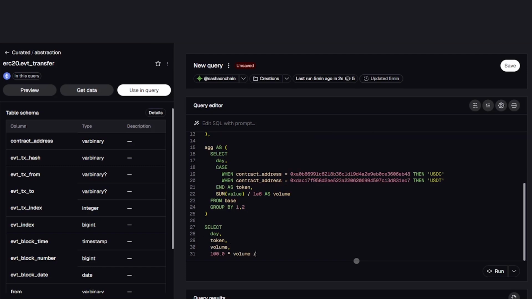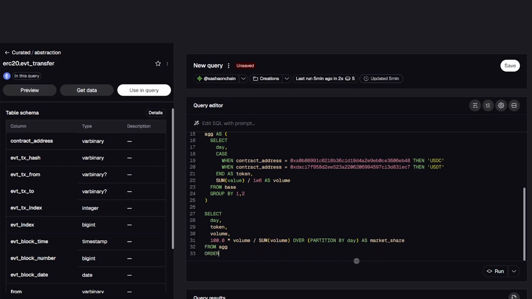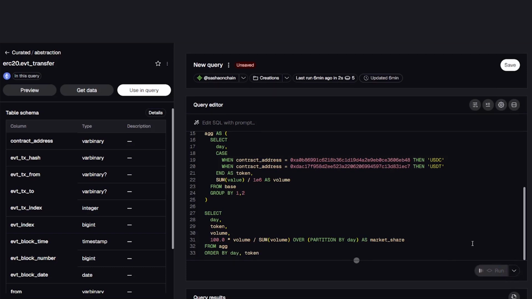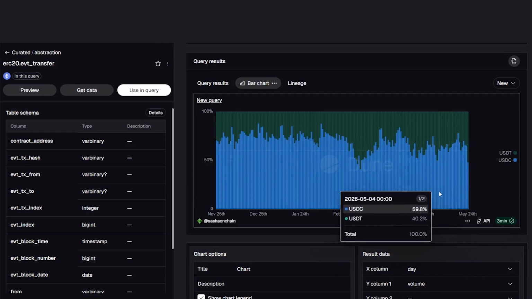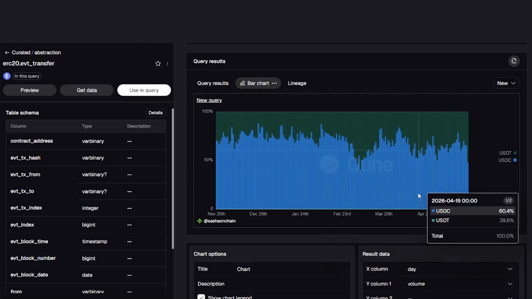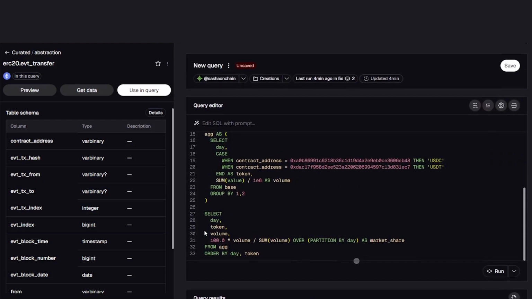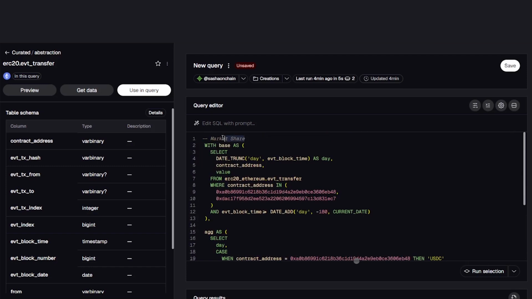We're no longer asking how much moves, we're asking who controls liquidity each day. And the picture becomes more dynamic. There is no single dominant player here. USDT and USDC rotate over time. What looked like a stable market in absolute terms.